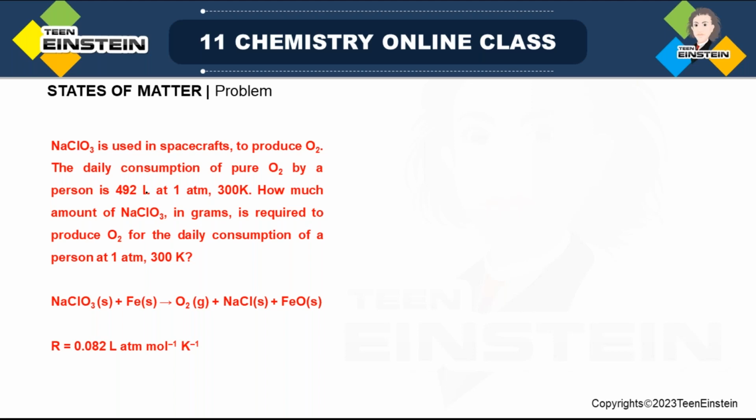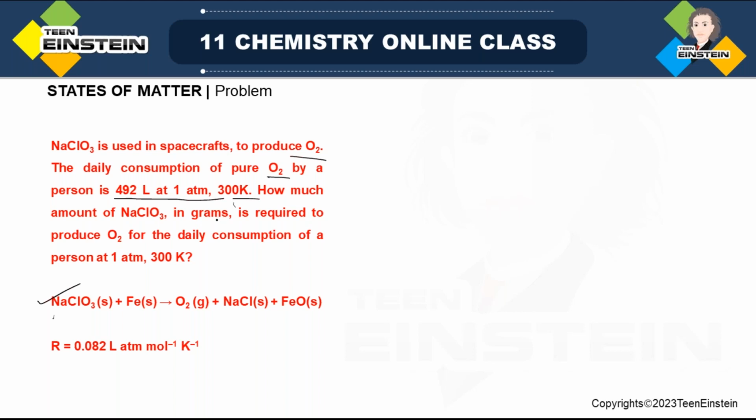Sodium chlorate, NaClO3, is used in spacecraft, and the purpose is to produce O2. And how O2 is produced is also mentioned in this question, that is already given. Now the daily consumption of pure oxygen by a person is 492 liter at 1 atmosphere and 300 Kelvin.